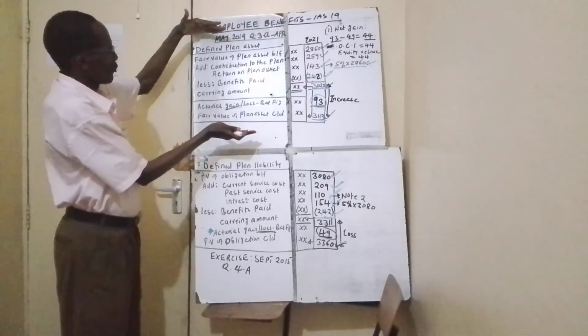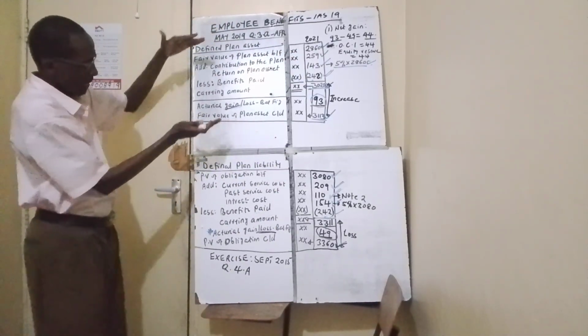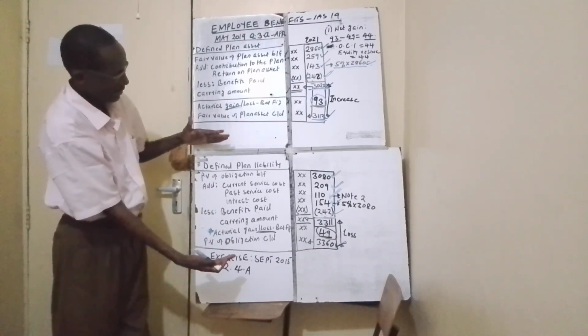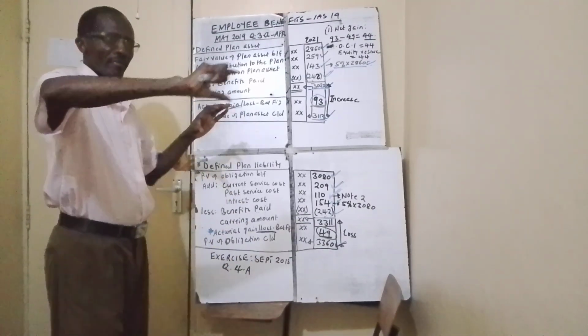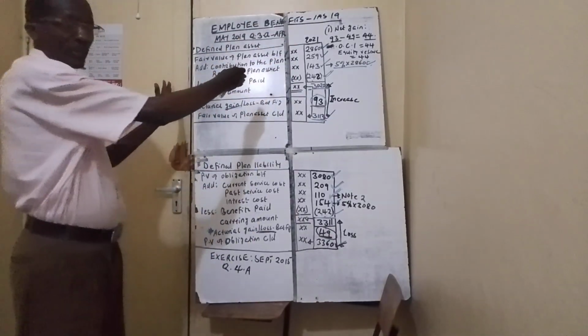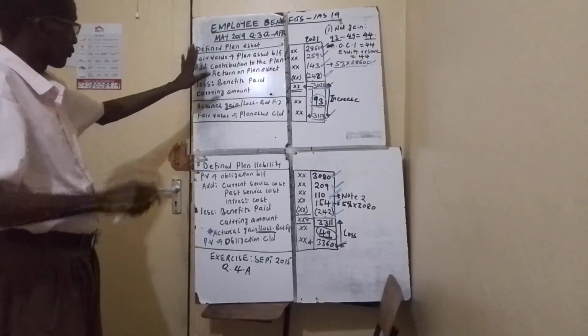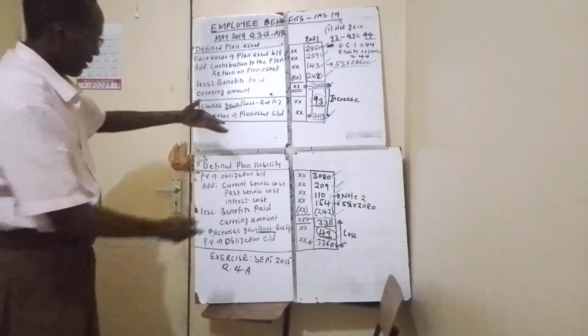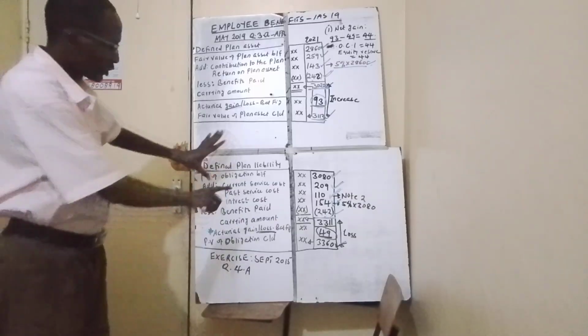Remember, the calculations for defined plan asset should be taken separately from the calculations for defined plan liability. So if the question is covering several years, the same concept remains. These items, as they appear here, don't change for the defined plan asset. These items, as they appear in the defined plan liability, don't change.